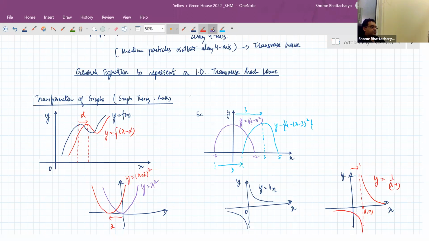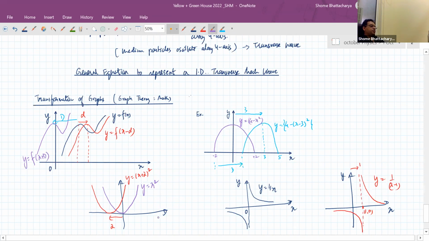So to shift a graph in this direction, if I want to shift it by distance d like this, then I should just replace x in the formula with x plus d.